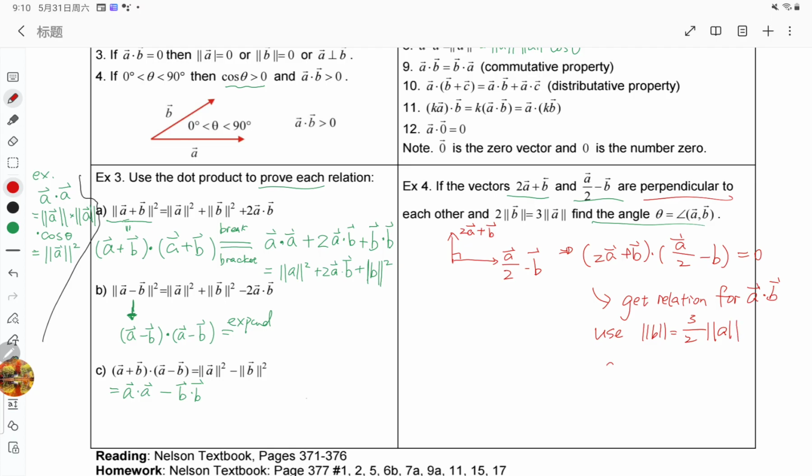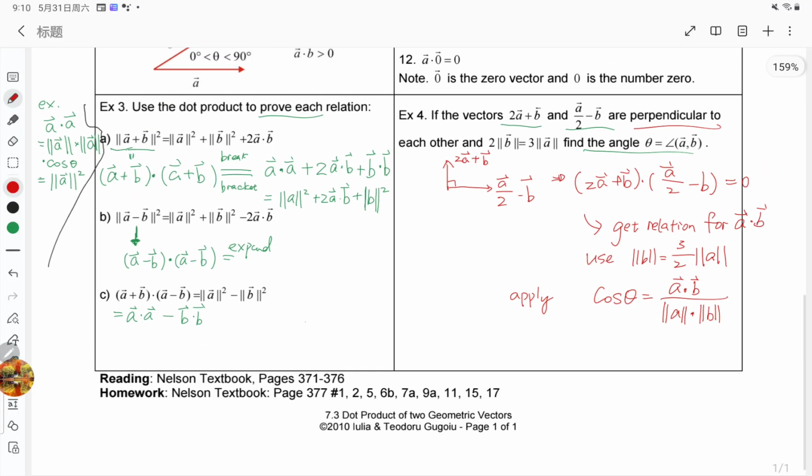Then we can apply the formula that cosine theta is the inner product of a and b over the norm of a times the norm of b. If you follow this through, it should be quite easy to calculate, and you should be fine. So you can calculate this if you want to.